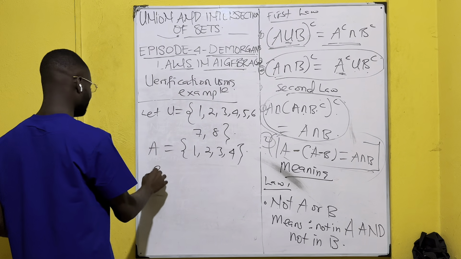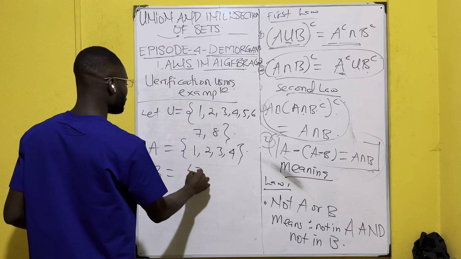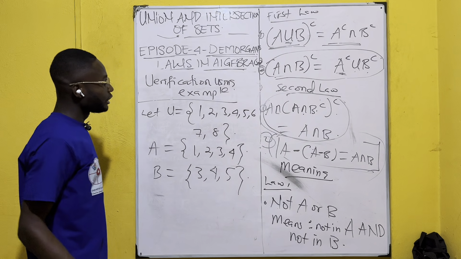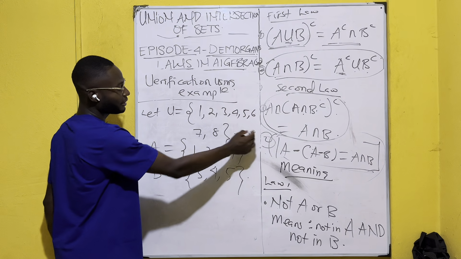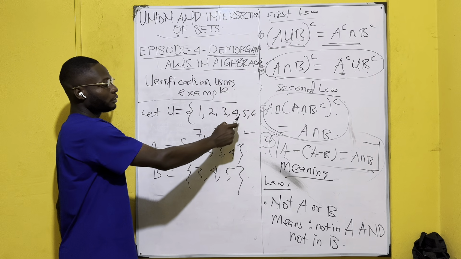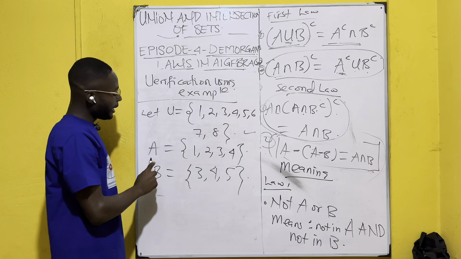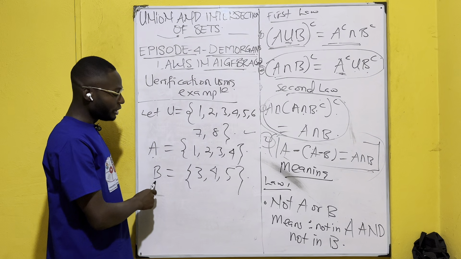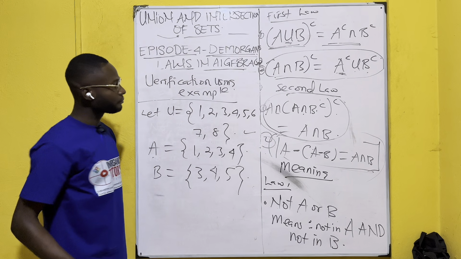And B is equal to 3, 4, 5. So we have the universal set to be 1 to 8, and A is equal to 1 to 4, and also B is 3, 4, and 5.